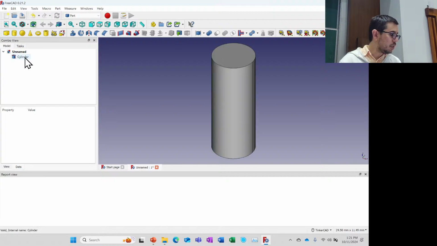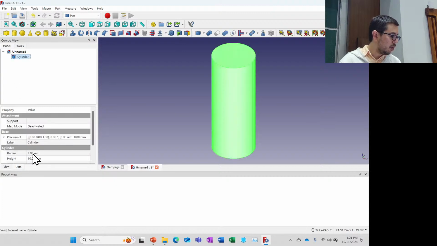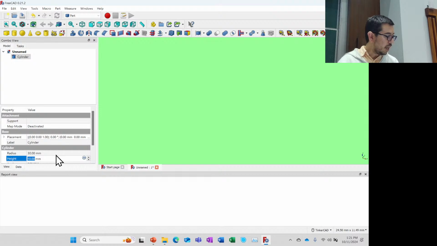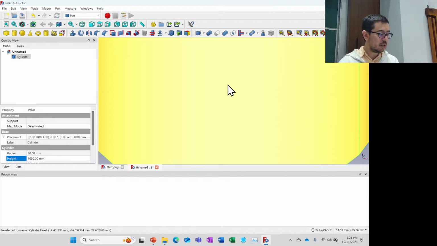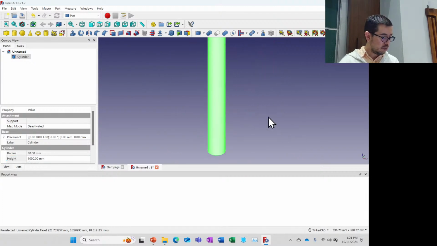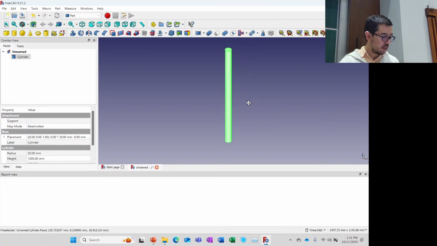We're going to use a cylinder. We're going to change the radius so that it's 3 centimeters, so that's 30 millimeters, and the height is going to be 1,000 millimeters, just like that. And so there it is. That's our shaft. We're going to export that.